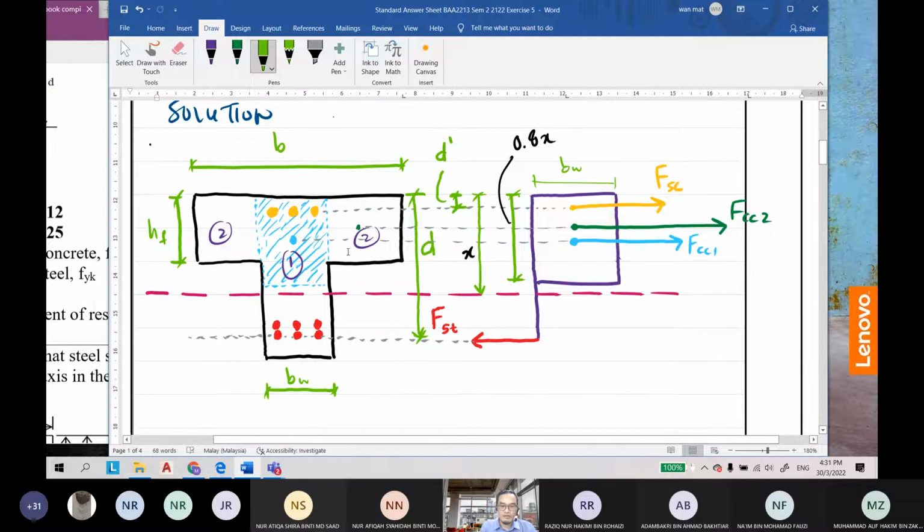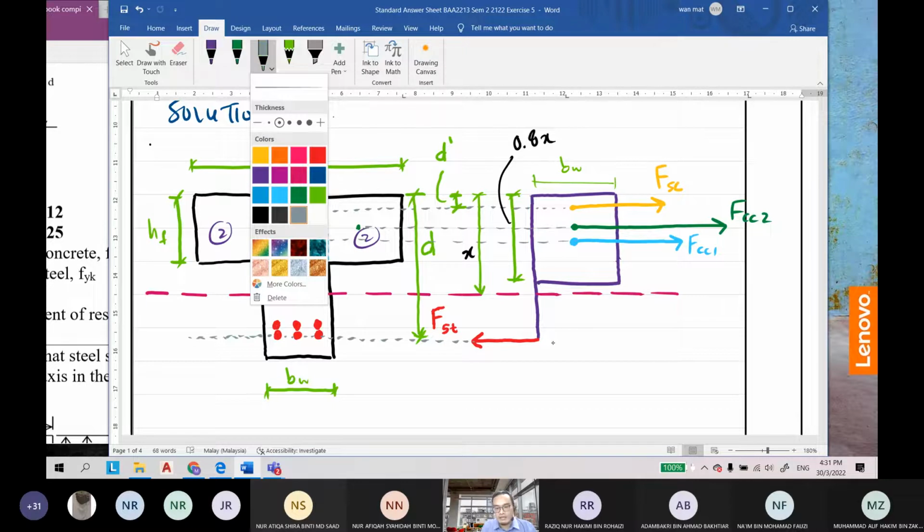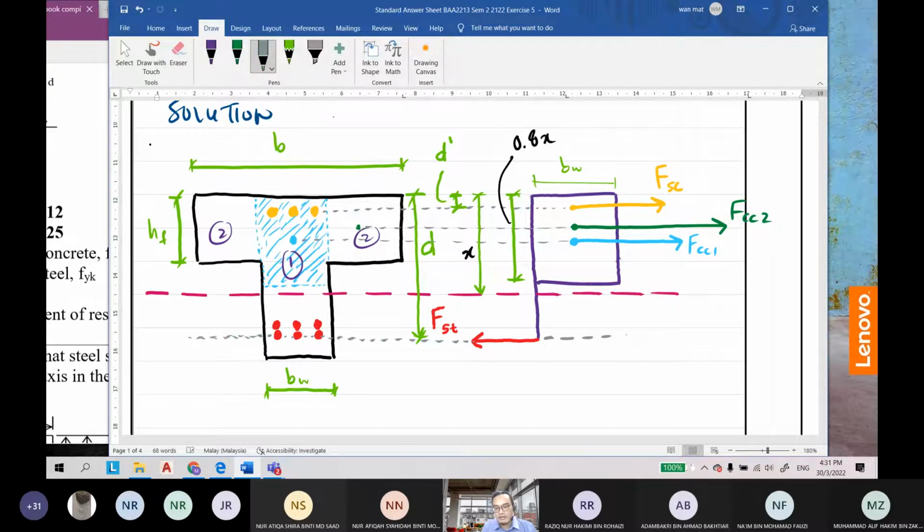So for this one, we also have to consider the lever arm, the Z. Here to here. We want to consider the moment through here. Let's say this is AST, the point of AST, area of steel. So the moment here is from FSC. Let's say from FCC1 first.